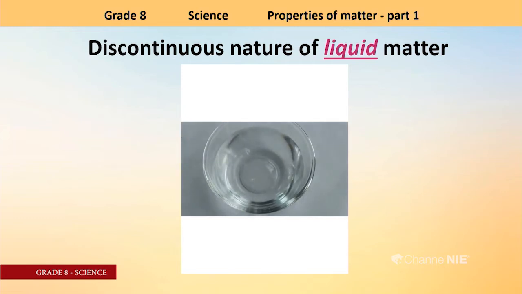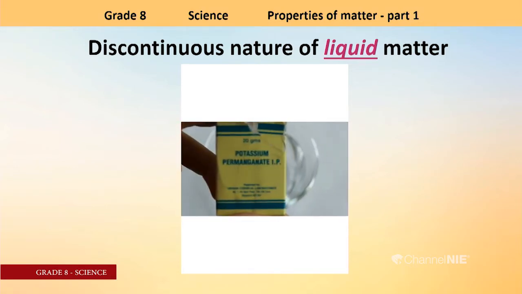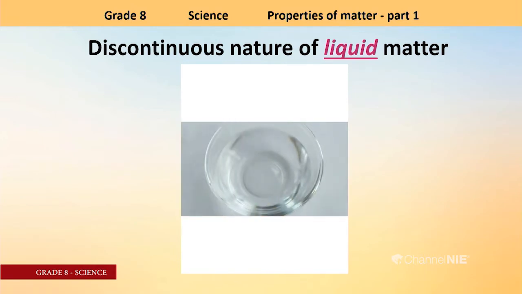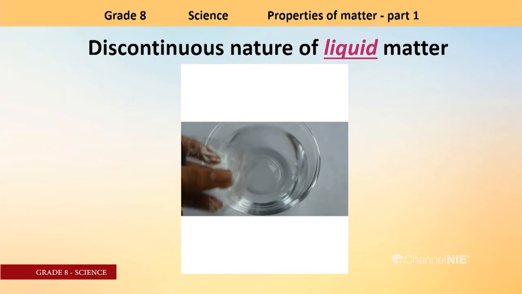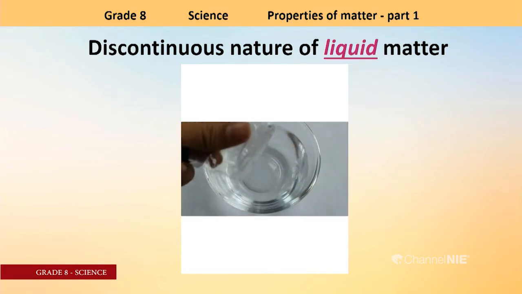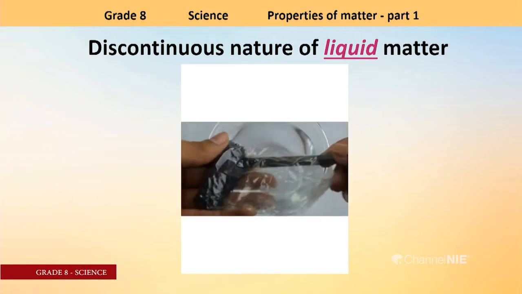I told you this is condis. Under the commercial name condis you can buy it. So, the chemical is potassium permanganate here. You can add some small amount of condis or potassium permanganate to water.